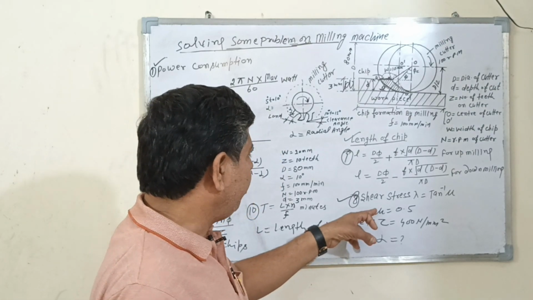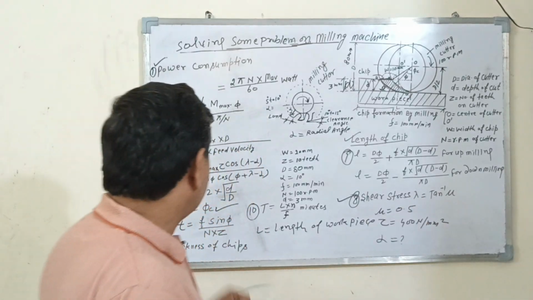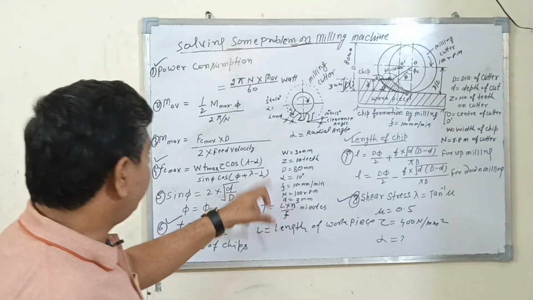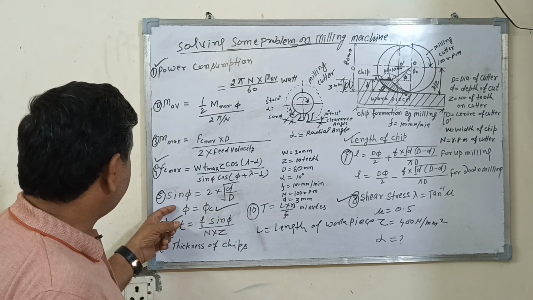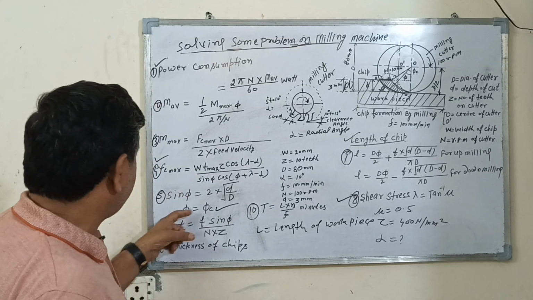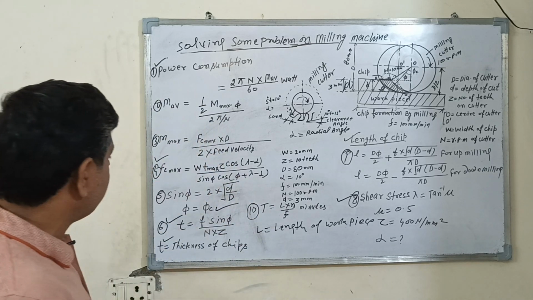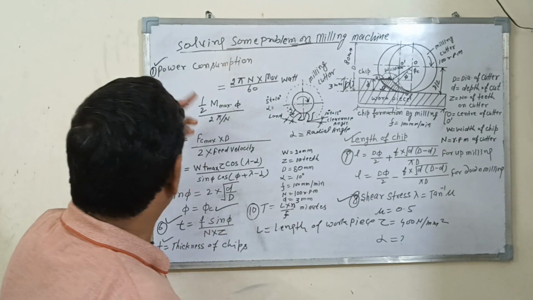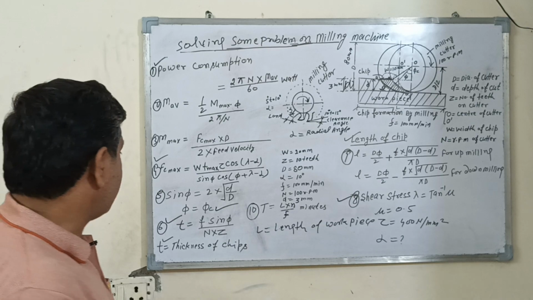Put the value of mu here, then you calculate lambda. Put the lambda value here, alpha is given as 10 degrees, the sin phi value is here, and cos phi is also calculated with this formula, plus lambda and minus alpha. All the values are given here, then you calculate the power consumption with the help of these different formulas.